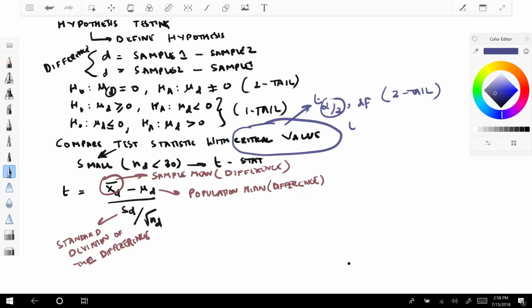Then for one tail it would be t alpha with the degree of freedom. The degree of freedom in both cases will be nd minus 1. That is what you will use from our statistical table, and then finally you make a conclusion.